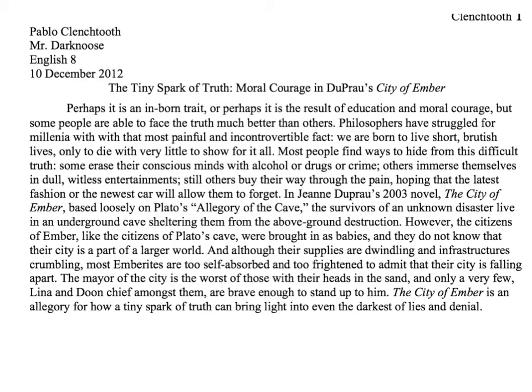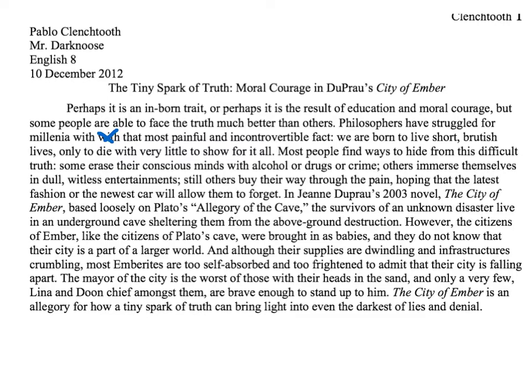Perhaps it is an inborn trait, or perhaps it is the result of education in moral courage, but some people are able to face the truth much better than others. Philosophers have struggled for millennia with that most painful and incontrovertible fact. We are born to live short, brutish lives, only to die with very little to show for it all.